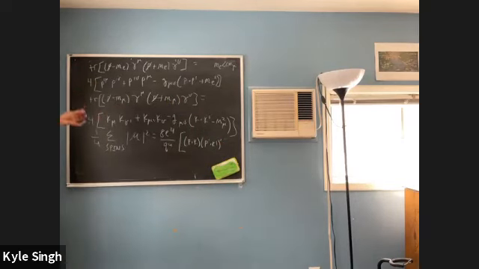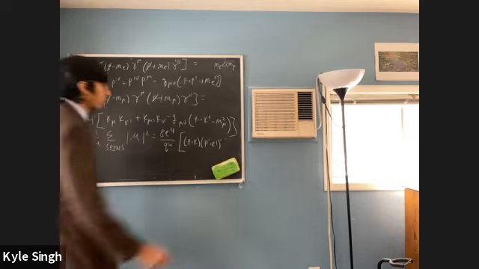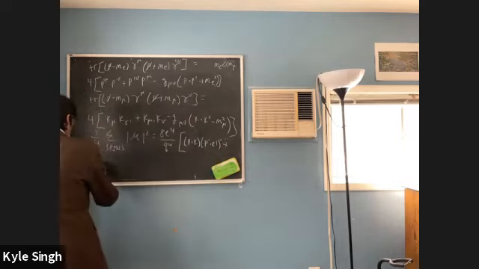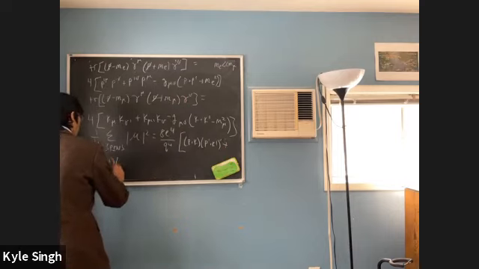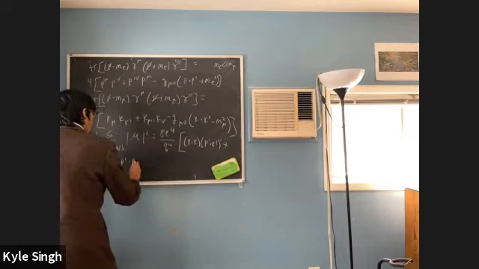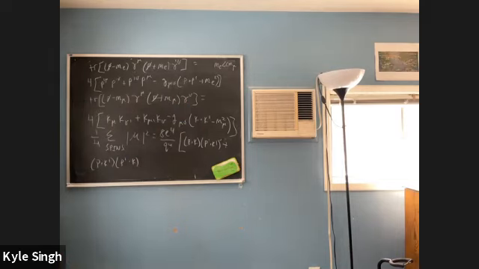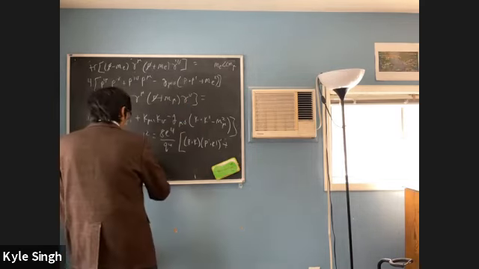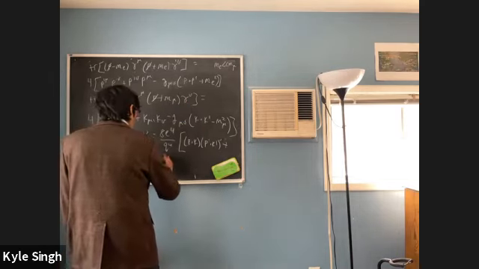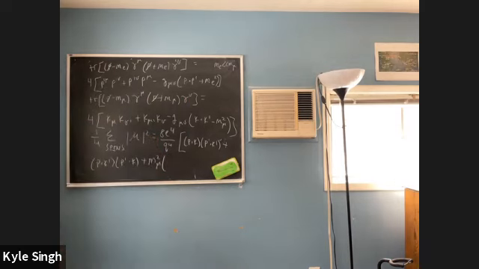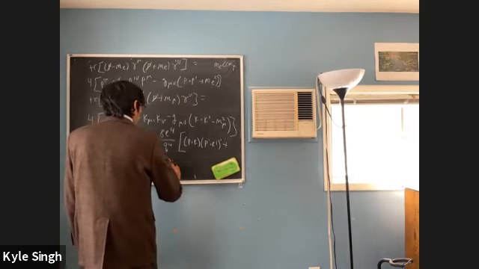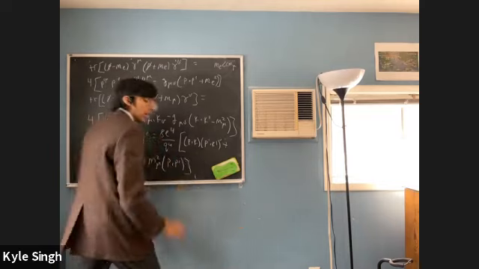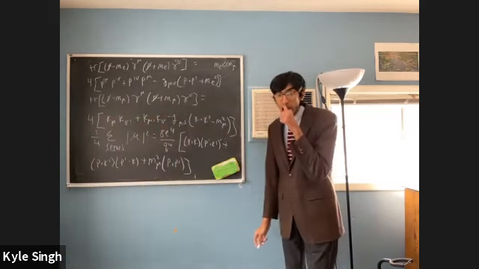Now I'm just multiplying these two guys. Plus p dot k prime times p prime dot k, plus m_mu squared k dot k prime, times p dot p prime. I'm just multiplying them out, and it's all dot products.